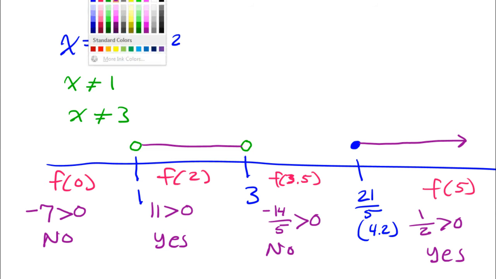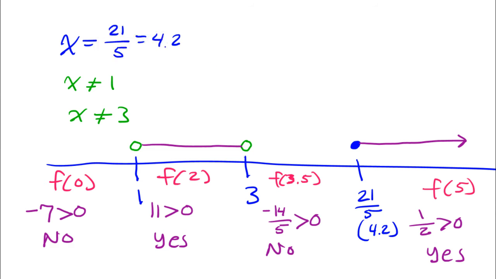So the interval notation would be 1 to 3 union 21 fifths to infinity.